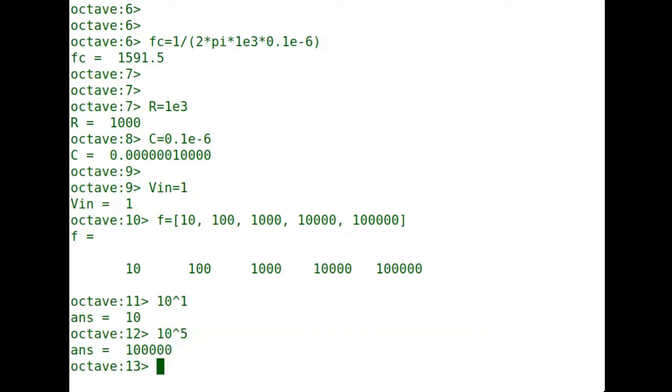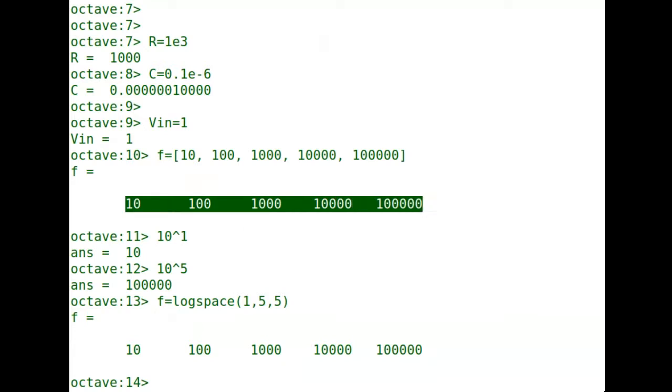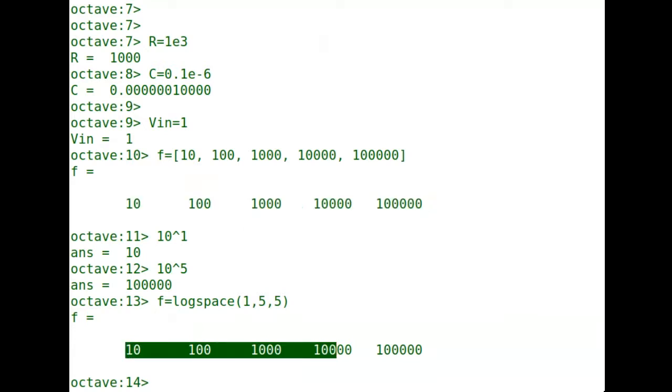So if I do logspace from 1 to 5, it's actually looking at these powers. If I ask for just 5 of these, it gives me back exactly what I had, just these 5 points.